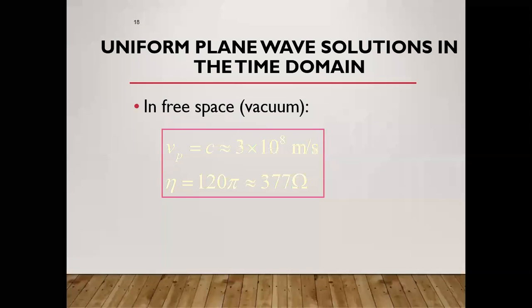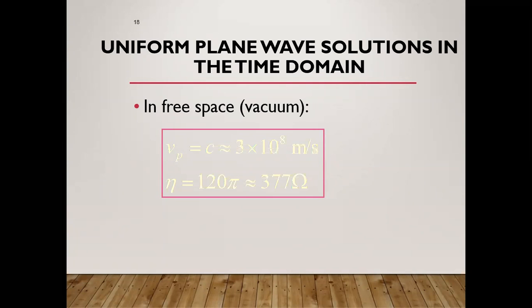If not given, you need to concentrate on which medium you are going to use, whether it's free space, a dielectric, lossy, lossless, whatever. Accordingly this eta will be there. If you are thinking about free space, then after simplification of root of mu by epsilon, my eta will be equal to 377.